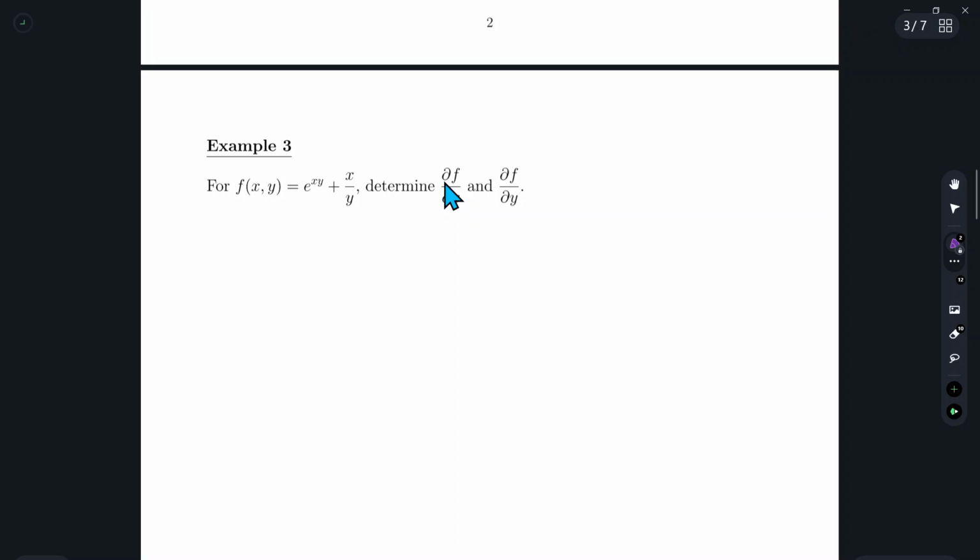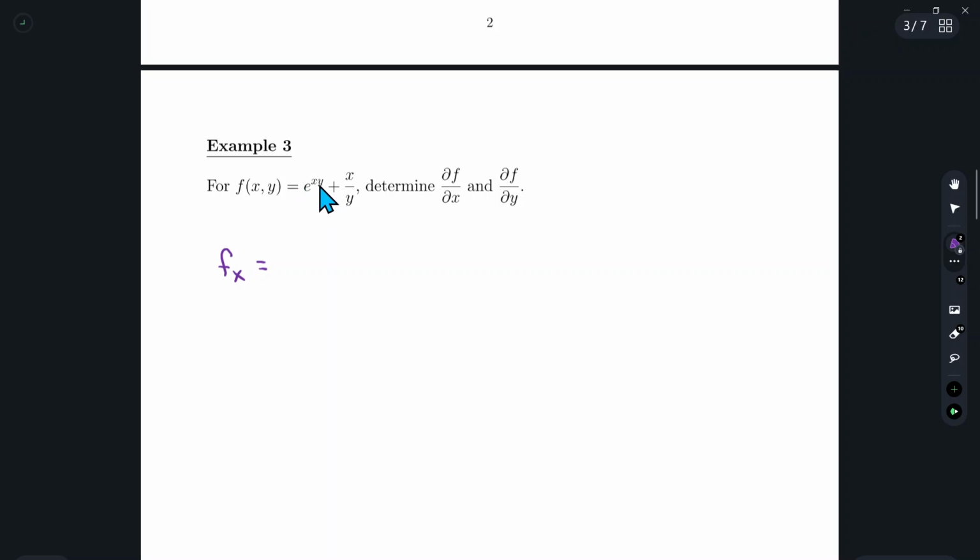Okay, so let's take a look first at the partial with respect to x. So the partial with respect to x. So I'm treating y as a constant, right?